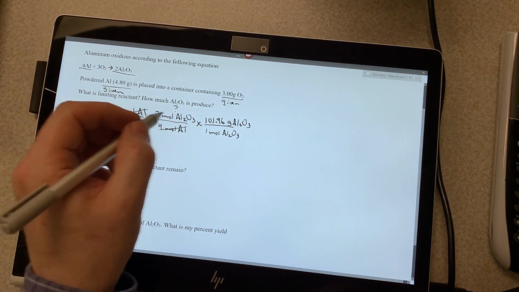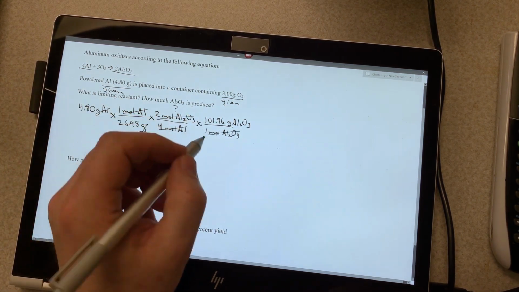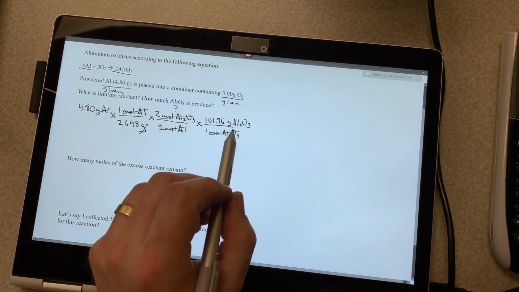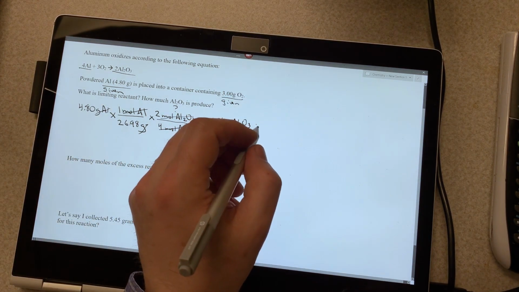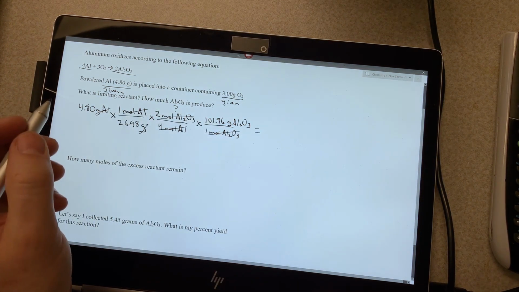And I wrote that again up there because when I cancel this out with this one, I don't have anything left telling me what it is. So I'm going to put that up there so I can keep those units at the end.